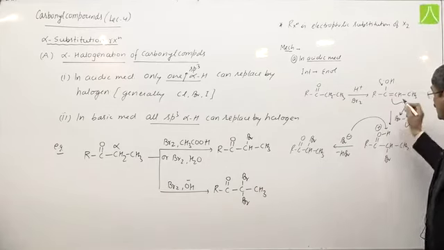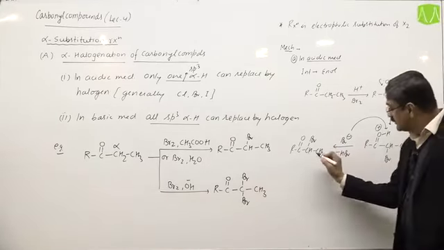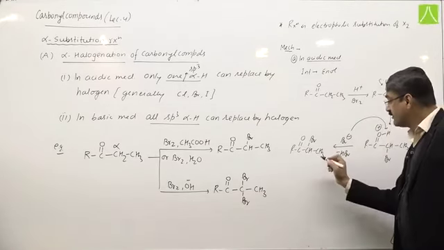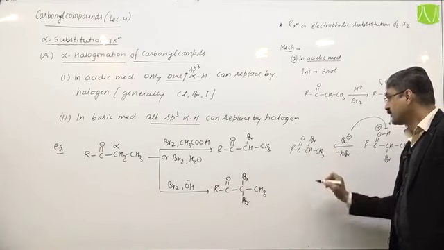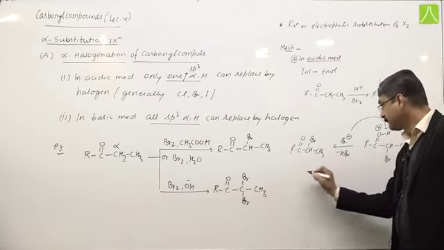So the intermediate is enol. So through enolization it is possible. But after adding one bromine or one halogen, enolization again takes place with difficulty, slowly. That's why the second halogenation does not take place in this case.